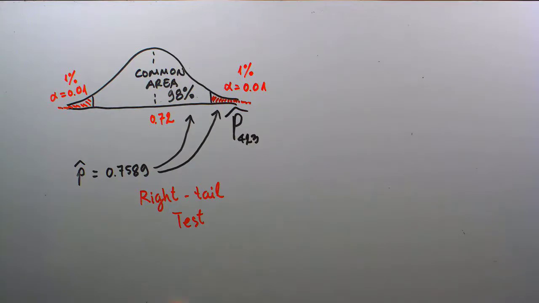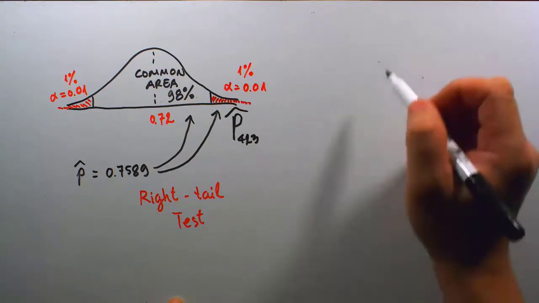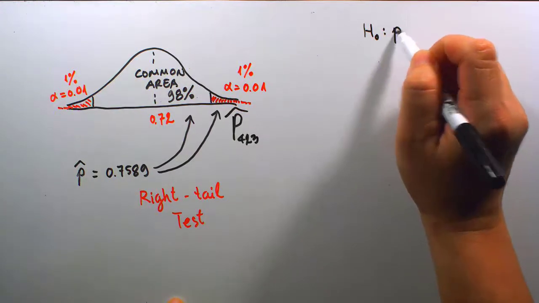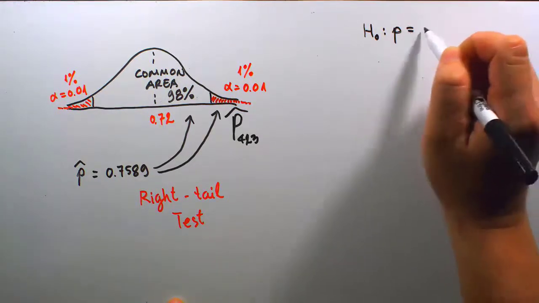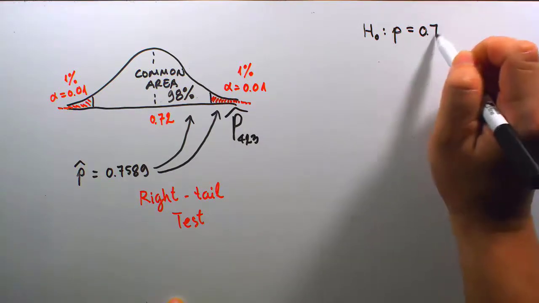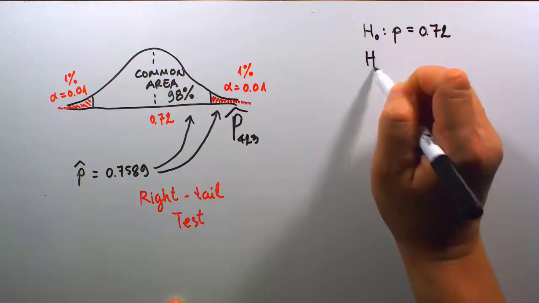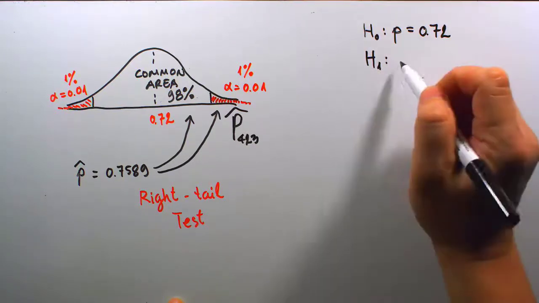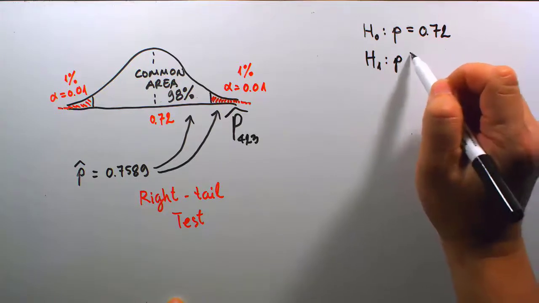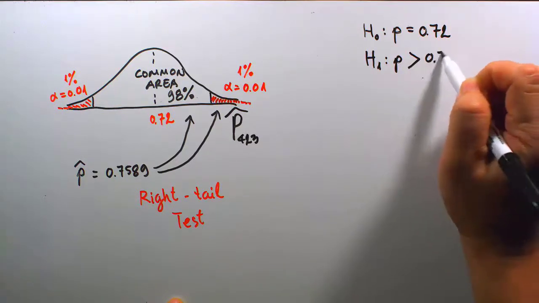Usually, looking back at the hypotheses, the null hypothesis had a statement saying p equals 0.72, and our alternative hypothesis was stating that p is above 0.72.